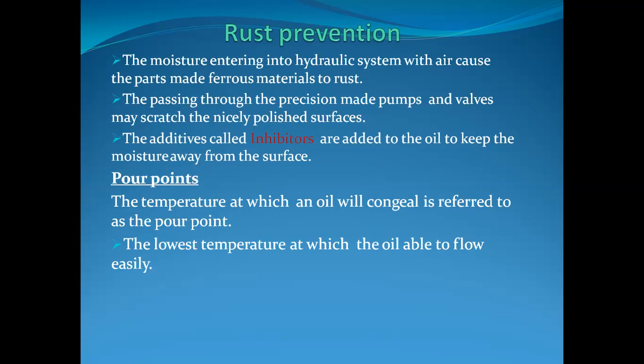The coconut oil is not able to flow. There is a range between 32 degrees and 10 degrees at which the oil ceases to flow, that is, the flow of oil is stopped. That temperature is known as the pour point.